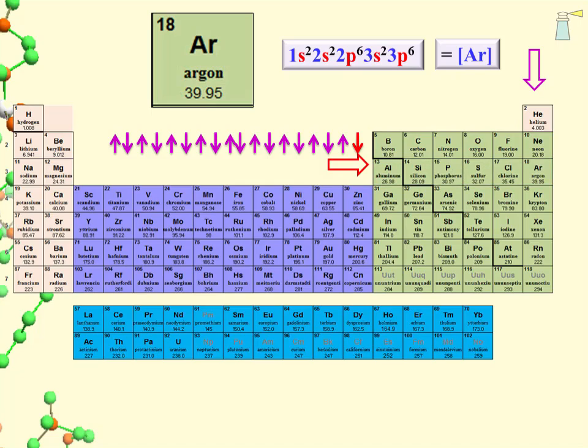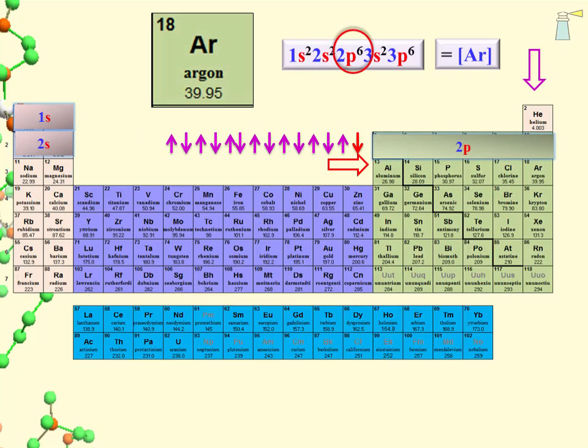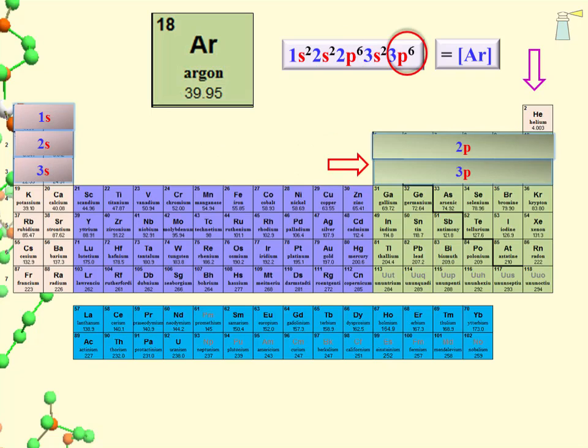That's at the top left. 1s2, 2s2, 2p6, 3s2, leaving 6 electrons, which fit nicely into the 3p orbitals. 1s2, 2s2, 2p6, 3s2, 3p6, or just brackets argon.